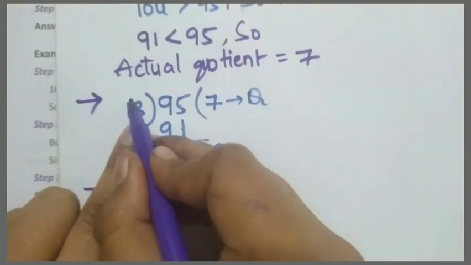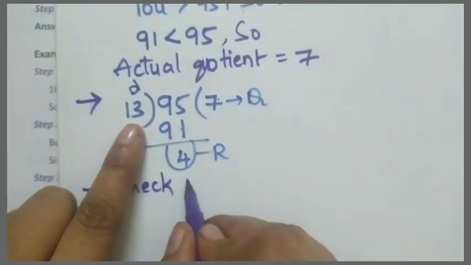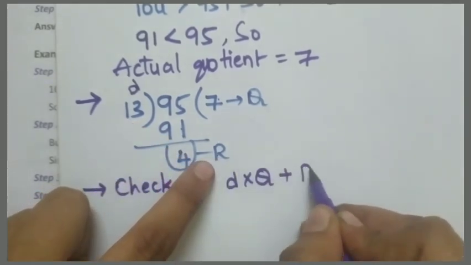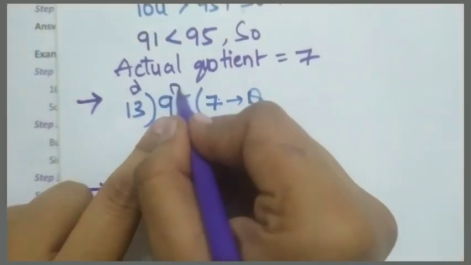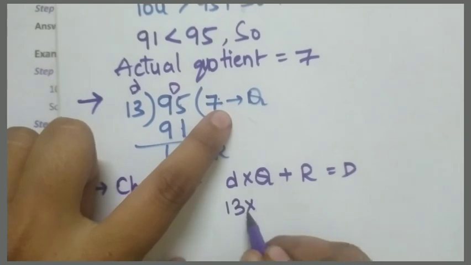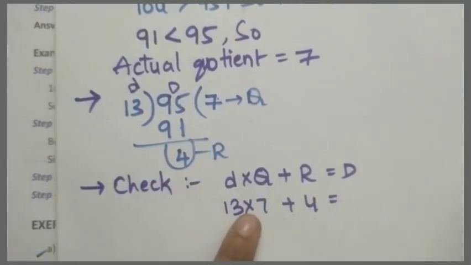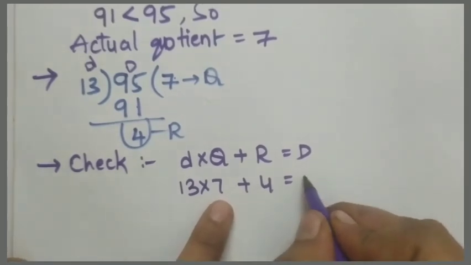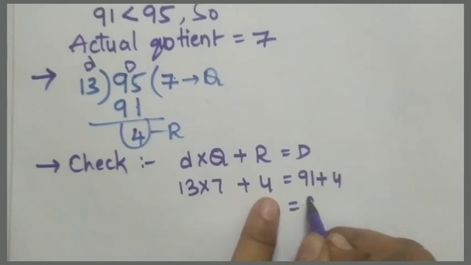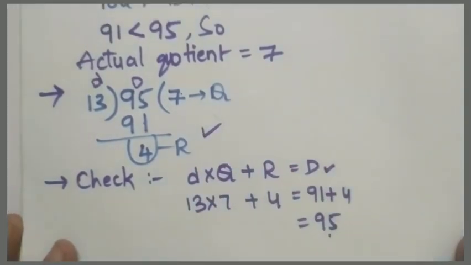We have to multiply divisor into quotient plus remainder. We should get the dividend. 13 into 7 plus 4. 13 sevens are 91. 91 plus 4 is 95. We got the dividend, so this answer is correct.